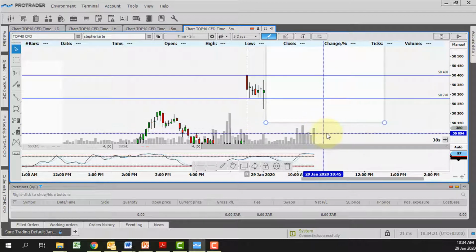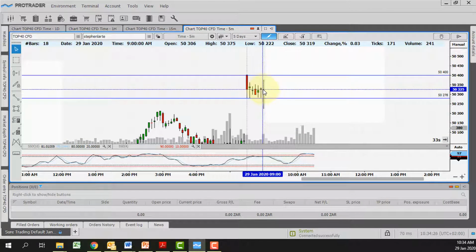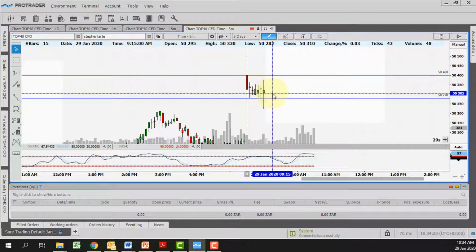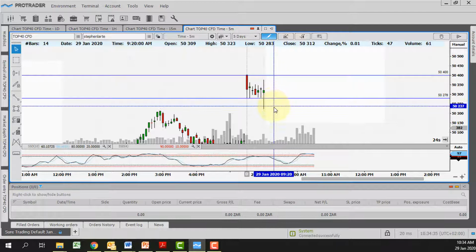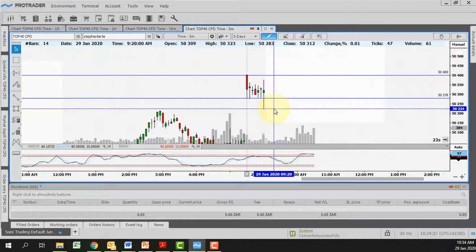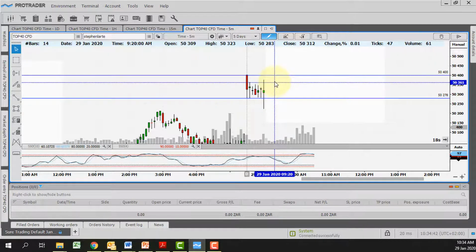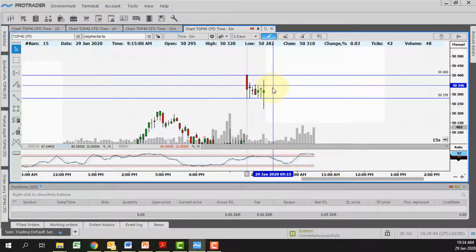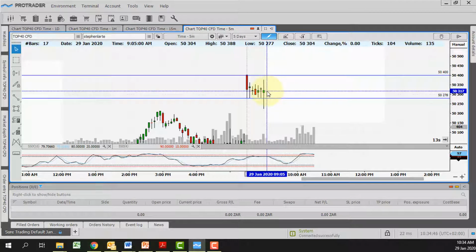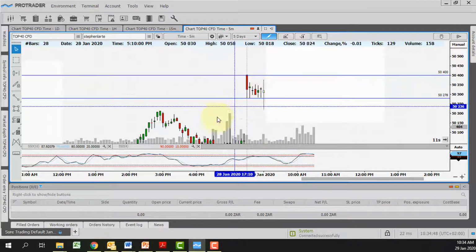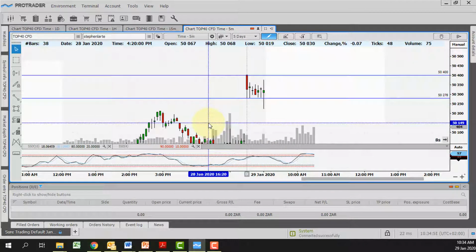Okay, so the first candle after the range, as you can see, at some point it opened over here, at some point it went through the bottom of the range, and then it came all the way back up, went even higher, almost to the top of the range, came back down to here and closed over there. So it broke out of the range, but it didn't close outside of the range.